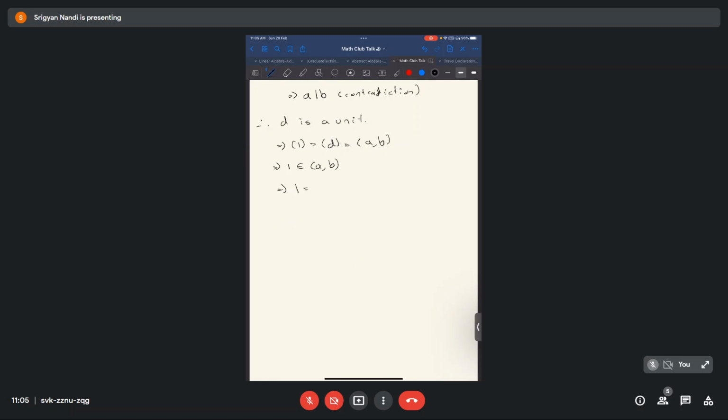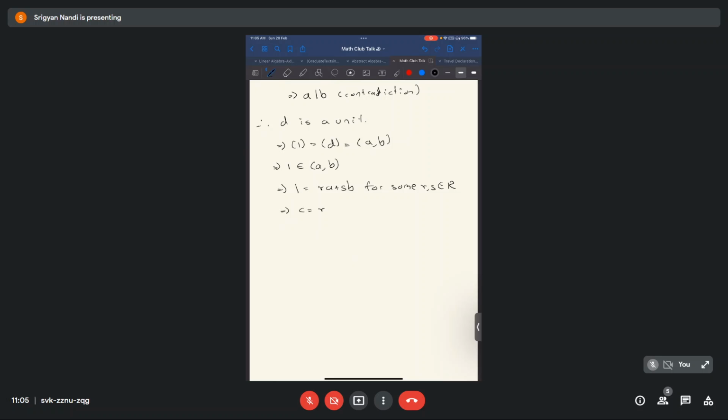That means 1 is of the form ra plus sb for some r, s belonging to R. Again, this is similar to Bezout's lemma. And there is a whole set of domains in which Bezout's lemma holds, and they are precisely known as Bezout domains. But again, we won't get into that.